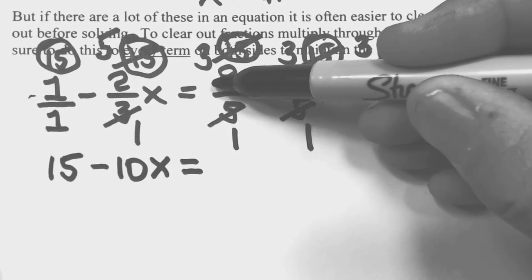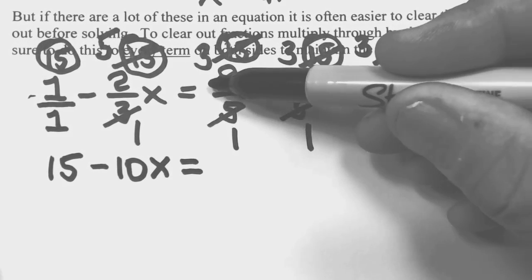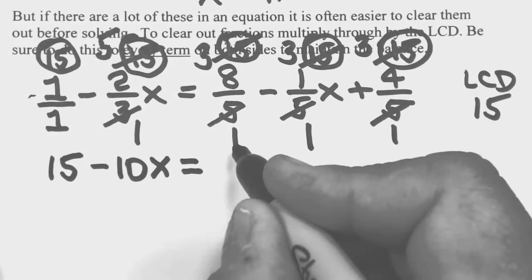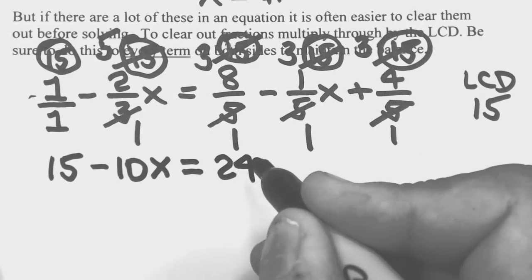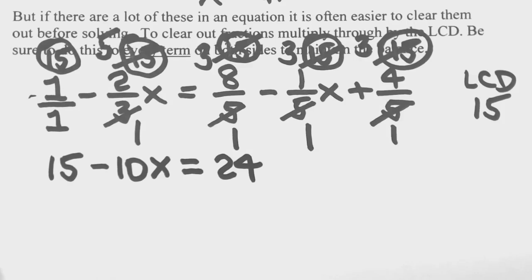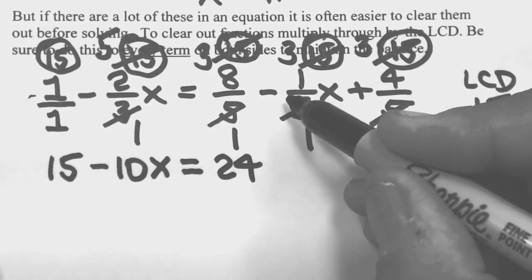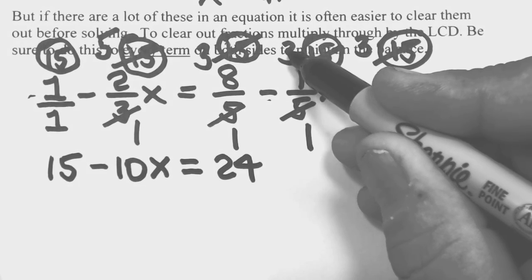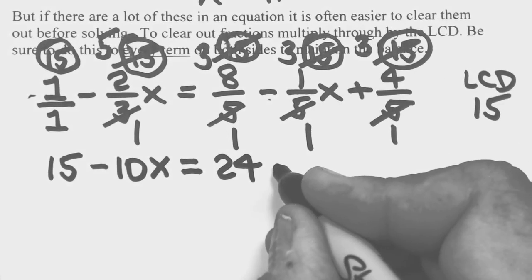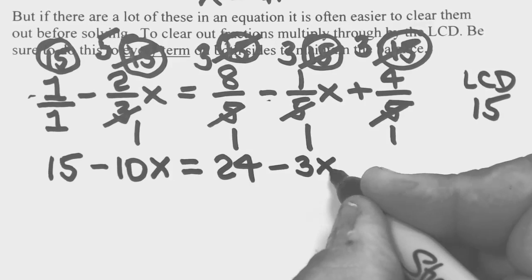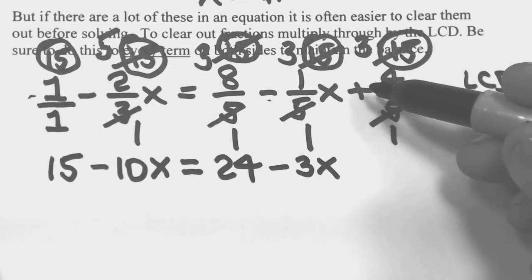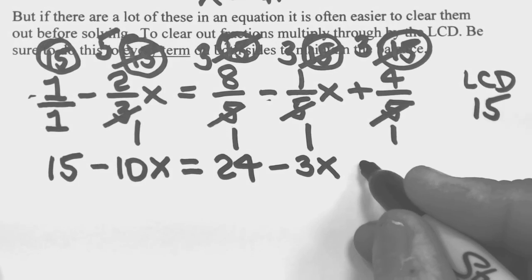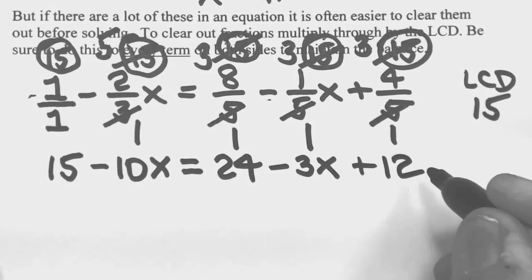Now, this 8 officially has a plus in front of it, so plus 8 times 3 is positive 24. Here that is. You could put the plus in front if you wanted. Okay, the next guy, negative 1 times 3 is negative 3, and of course don't forget the x, so negative 3x. And then the last guy, plus 4 times 3, is plus 12.